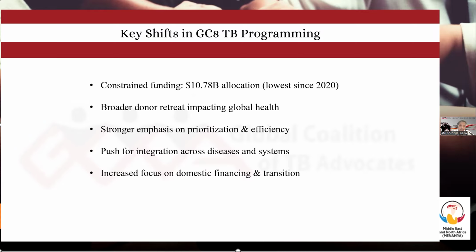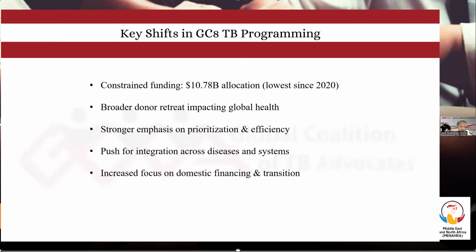And at the same time, GC8 introduces a more structured approach through what we call program essentials, that is, core interventions that countries are expected to include in funding requests or justify their exclusion. These emphasize system resilience, integration across TB, HIV, and primary healthcare, and measurable implementation.